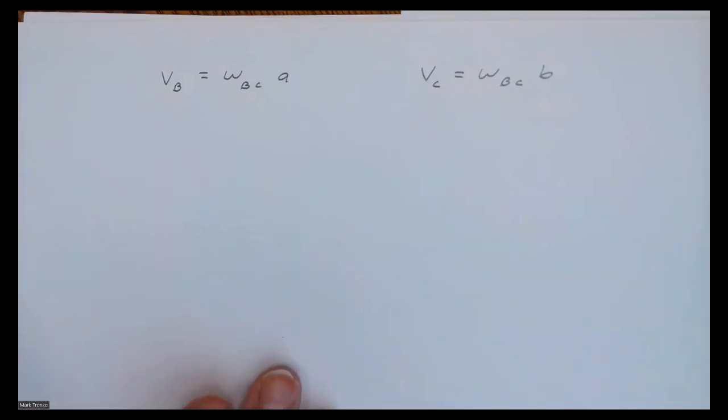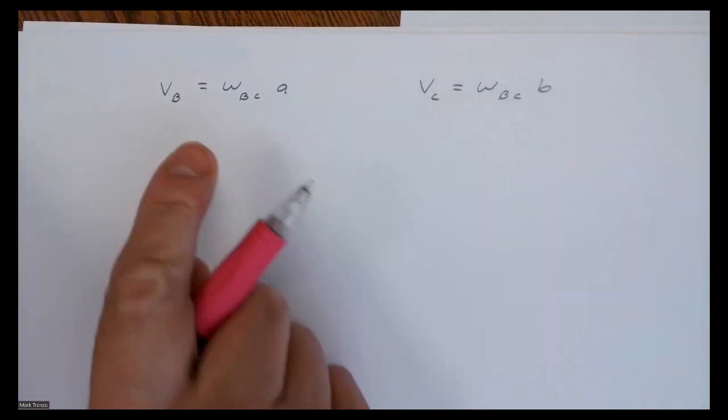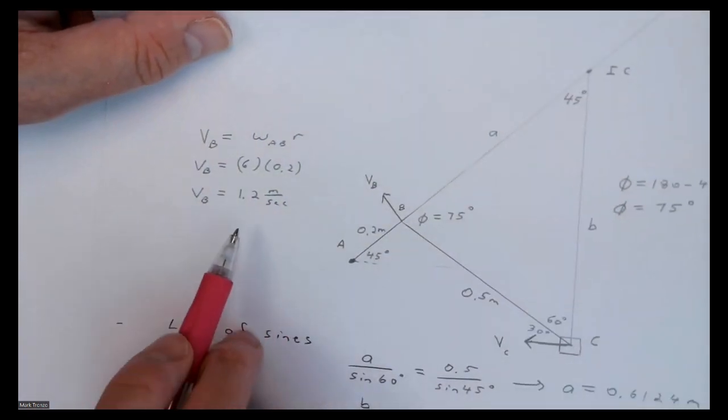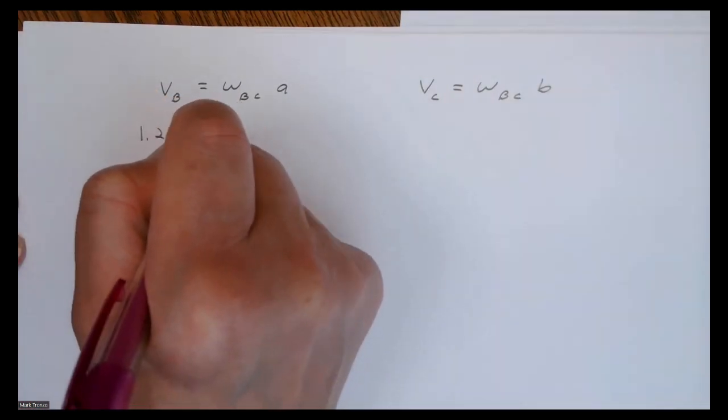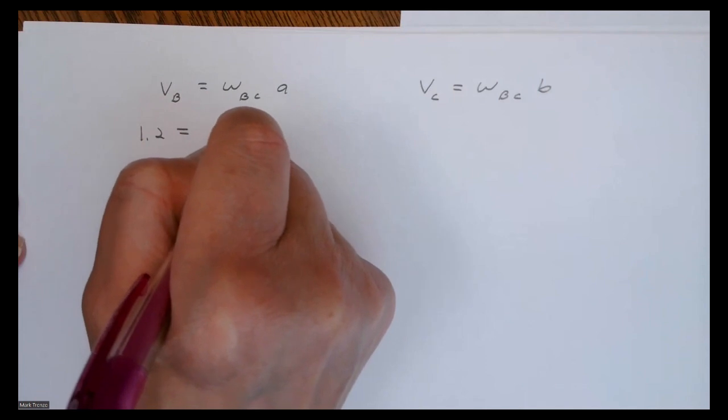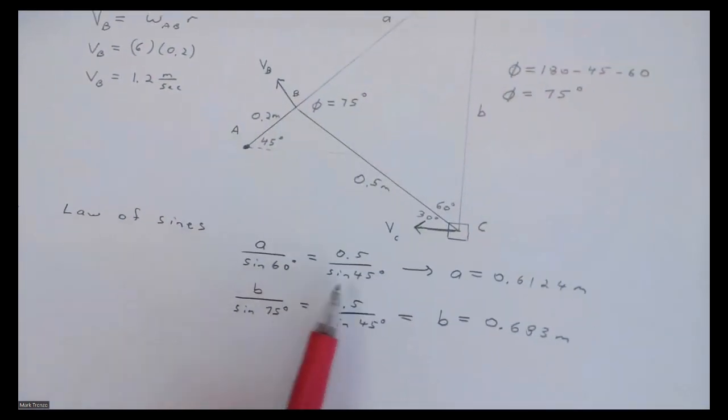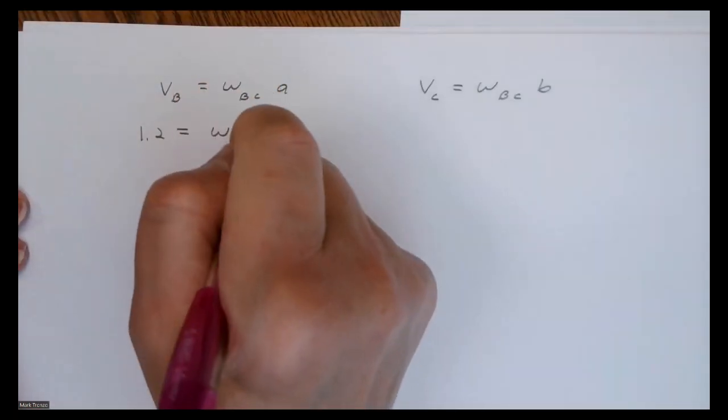Now we already know what the velocity of B is. That was our 1.2. And we just found out what A was, 0.6124.